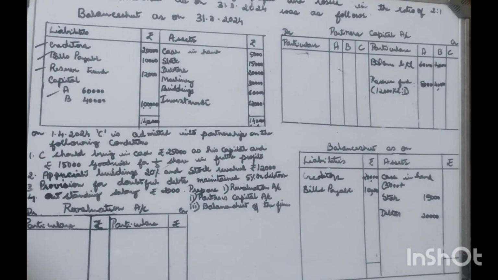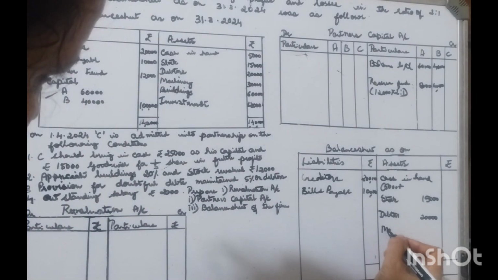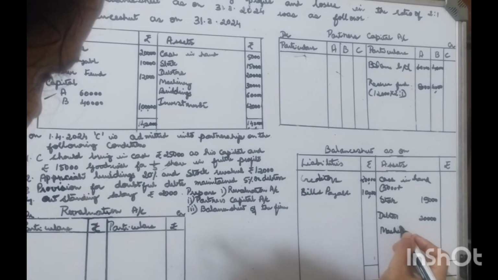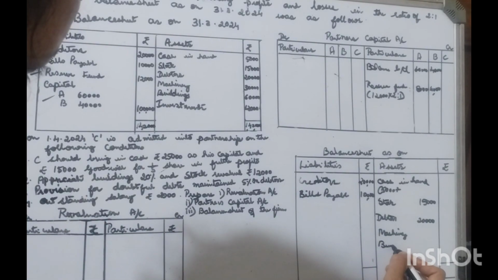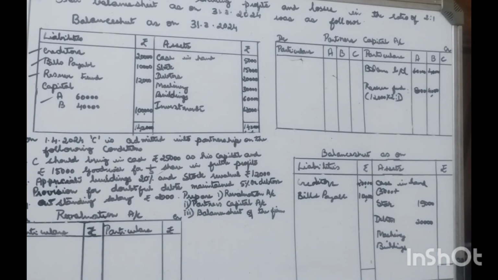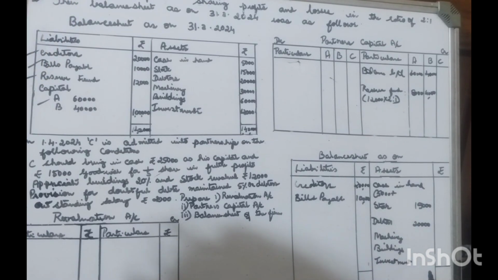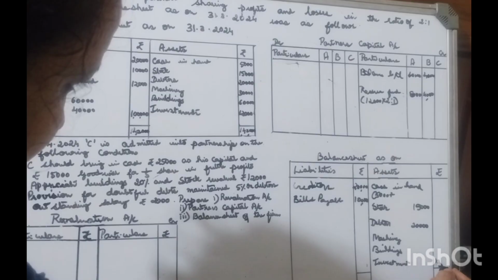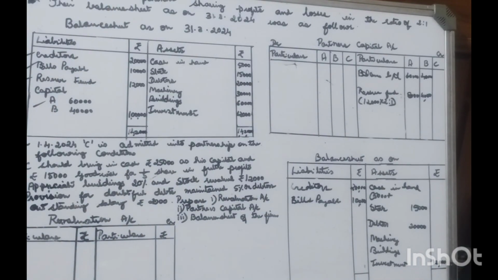Machinery is a fixed asset, and the value of machinery is 30,000. Next, building is one of the fixed assets that appears under the asset side. Investment is also an asset of the firm, that is 12,000. The rest of the fixed assets have to be recorded with certain adjustments.